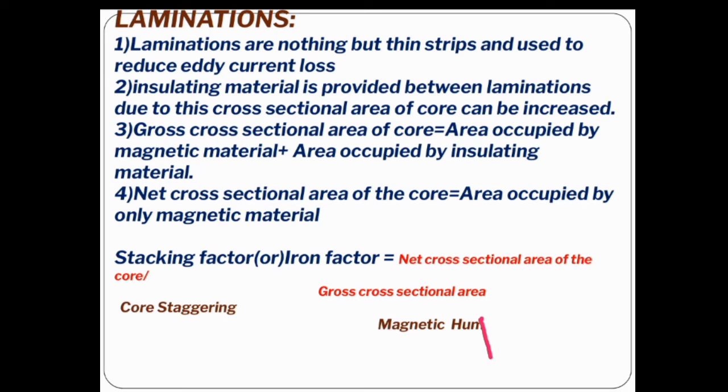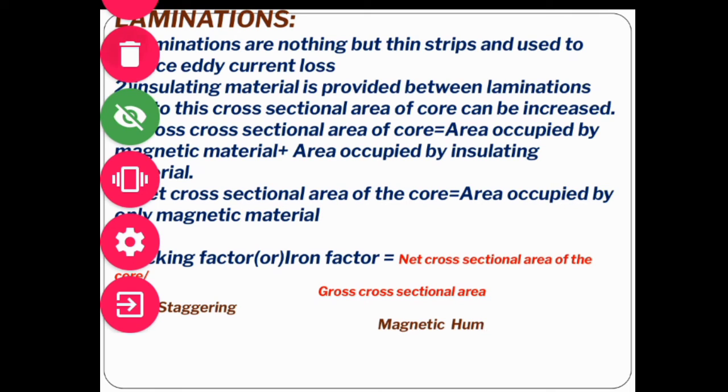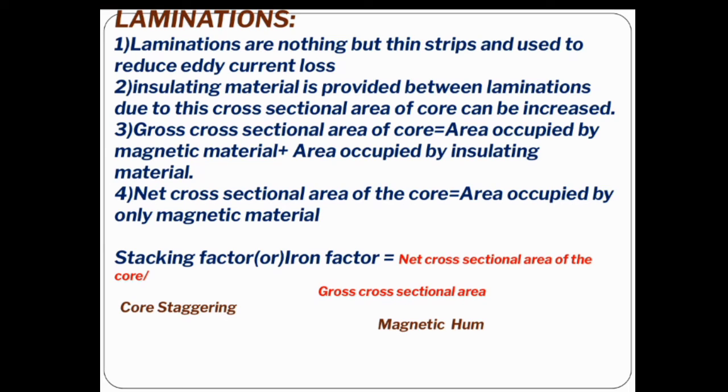By using these two, gross cross sectional area and net cross sectional area, there is one definition we have to remember: the stacking factor or iron factor. The stacking factor is defined as net cross sectional area divided by gross cross sectional area. Next definition is core staggering.